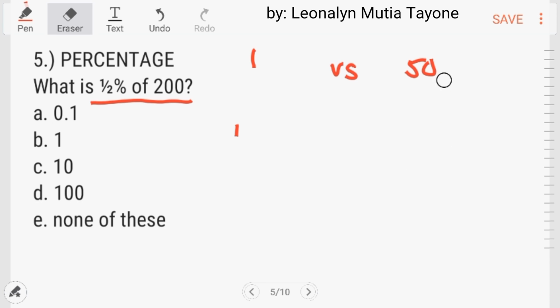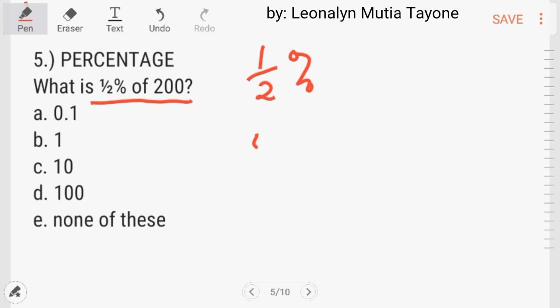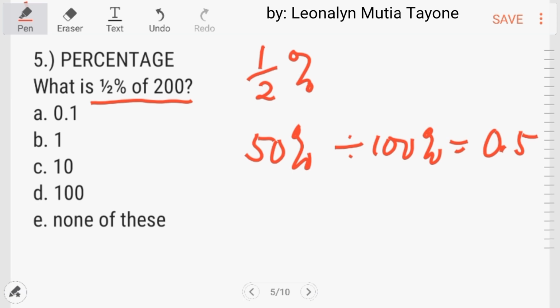Again, lahat ng mga may percent sign, kung gusto nating i-cancel yung percentage sign, i-divide lang natin siya ng 100%. So, that is 0.5. Ang 50% is equivalent to 0.5 or 1/2.